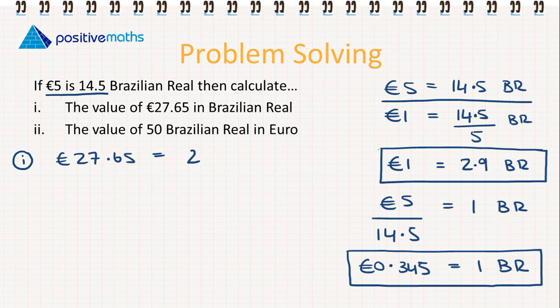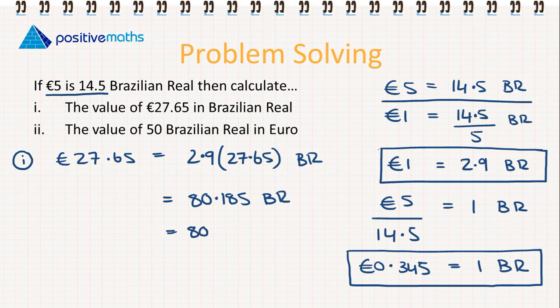This is going to be equal to 2.9 multiplied by 27.65. So I get 80.185. To 2 decimal places, that's 80.19.